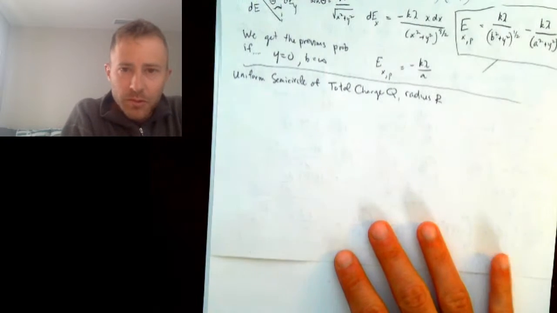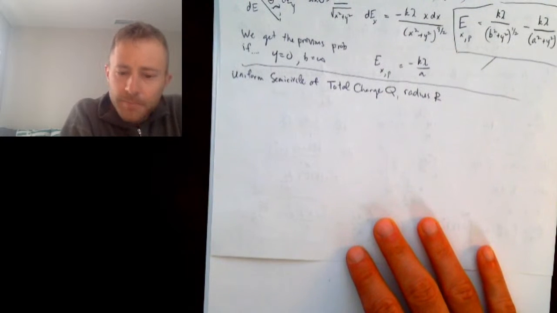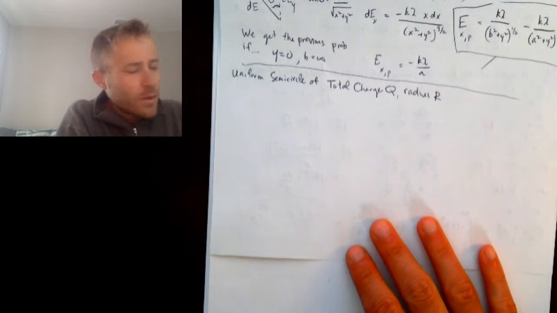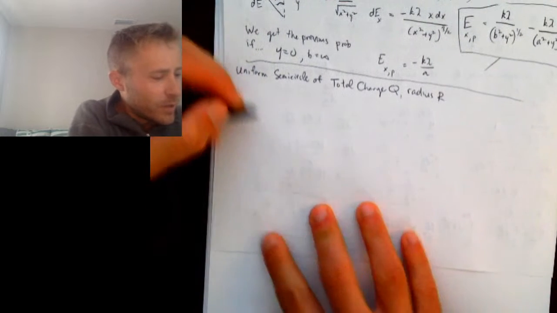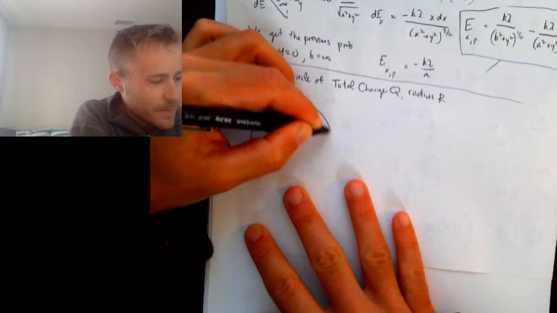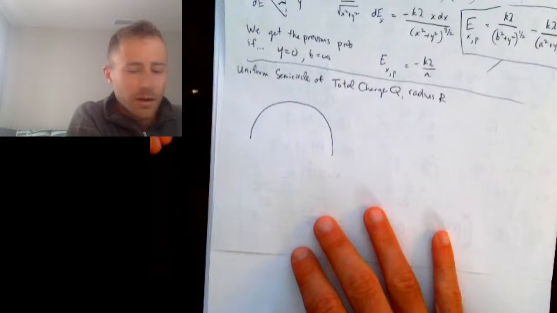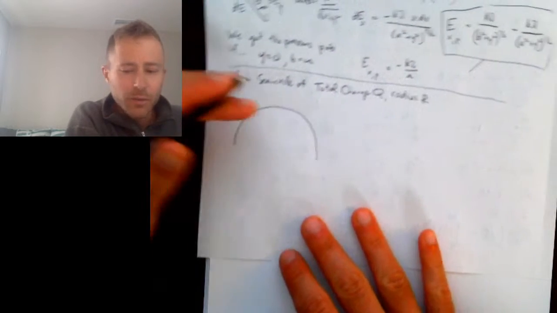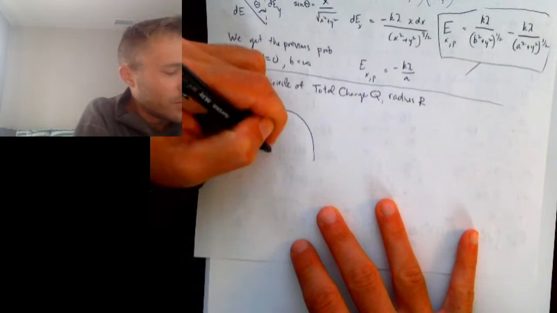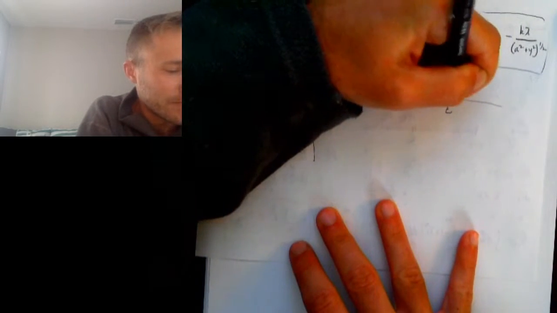A uniform semicircle of total charge Q and radius R. So what does that look like? Well, we have a semicircle. And what I want to know is, what is the electric field at the origin?